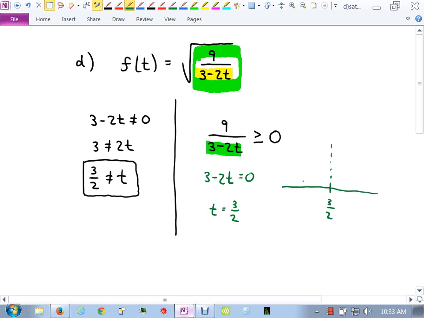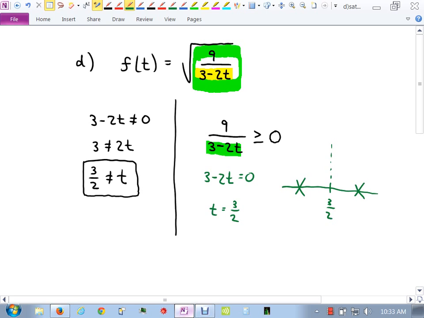And I will pick any number I want on each side. Just pick a number. Anything to the left of 3 halves. Pick something nice. What's to the left of 3 halves? -2, even nicer. How about 0? 0 is to the left of that, right?